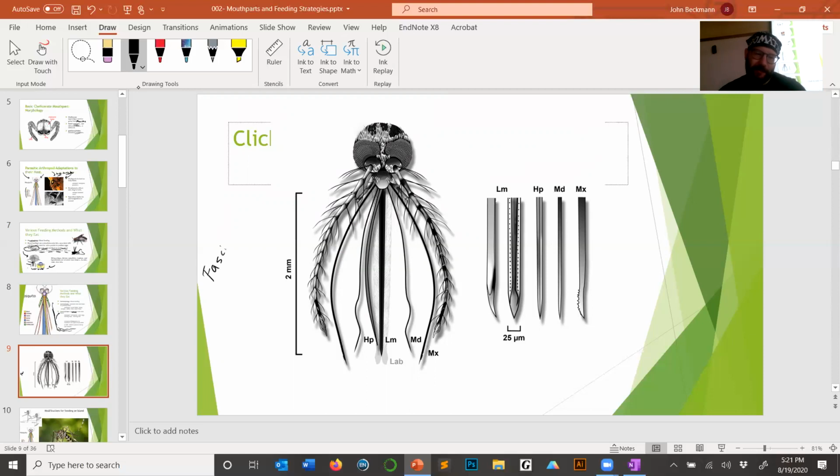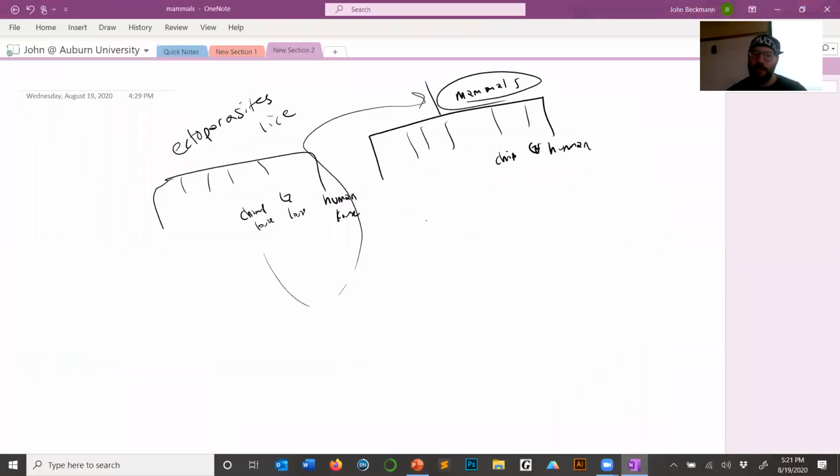So this entire mouthpart structure is called the mosquito fascicle, and it's got different parts to it. A couple of points about this: it's very flexible. If you Google this, there are movies of mosquitoes sticking their proboscis in, and they can bend it. It's got muscles in it. They can control it.